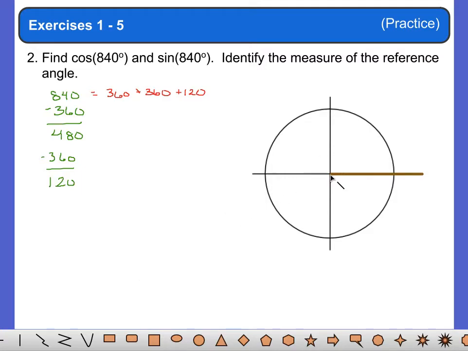Well, that means I took my ray and I went all the way around the circle 1 time, and then I went all the way around the circle 1 more time, and I went another 120 degrees. So I go up, 30, and then 45, 60, 90. 120 is 30 degrees more than 90. So I go 30 degrees over past 90, and this ends up being my given ray, which means I'm going to take and draw a line straight down.